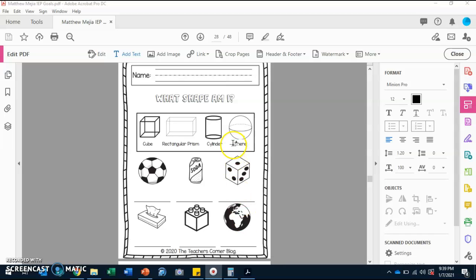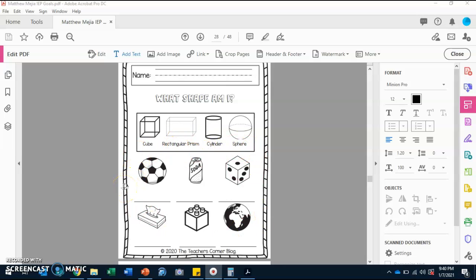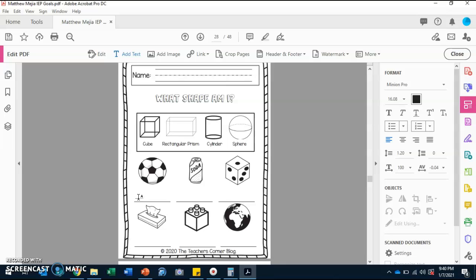As you can see, there are 4 answer choices in the word bank and there are 6 figures. So you might use one of these twice and it is okay. I will be doing number 1 with you and you will be working on the rest on your own. The first one is a soccer ball. We have to figure out what shape this is. So is this a cube, a triangular prism, a cylinder, or a sphere, Matthew?